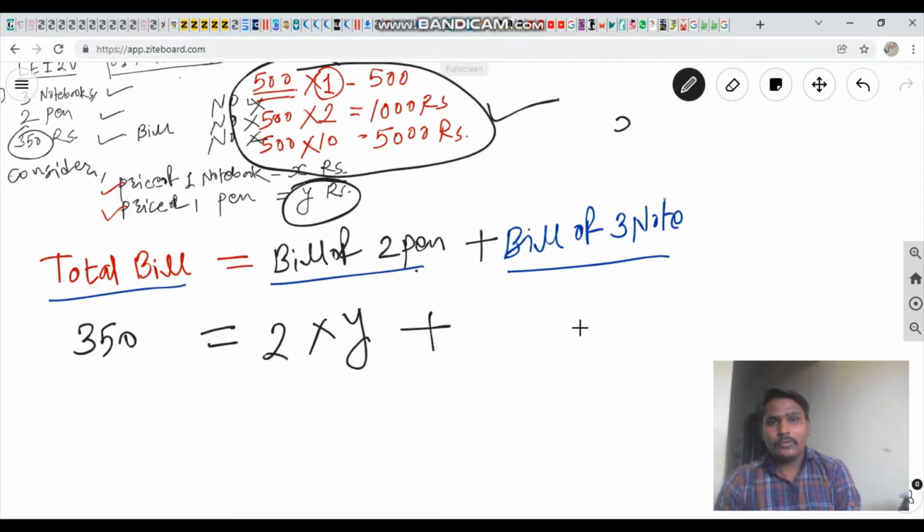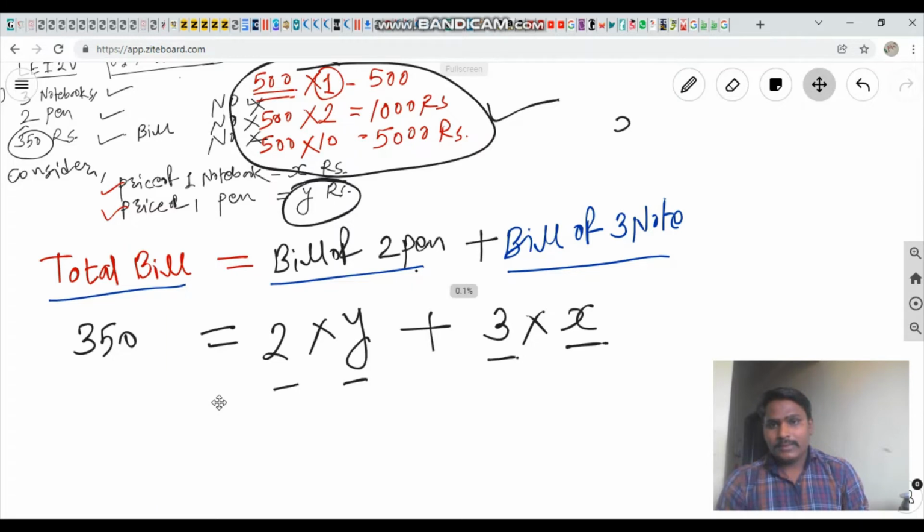For one notebook what are we paying? x. How many notebooks are we buying? 3 notebooks, so we have to multiply by 3. So here the price of one notebook into the number of notebooks, the price of one pen into the number of pens, and together, the bill of pens and the bill of notebooks will cost 350 rupees to Rahul.